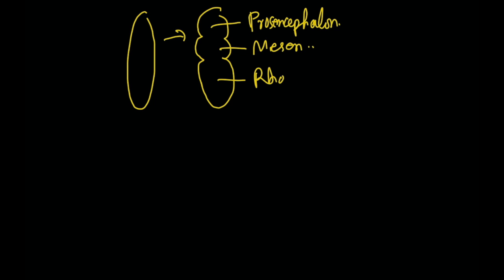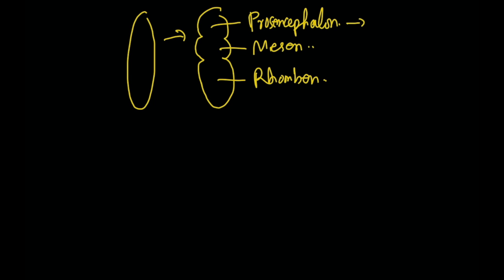Now this is going to be my neural tube. The neural tube is going to form three enlargements like this. The prosencephalon, the mesencephalon, and the rhombencephalon. So the prosencephalon forms the forebrain, mesencephalon forms the midbrain, rhombencephalon forms the hindbrain respectively.